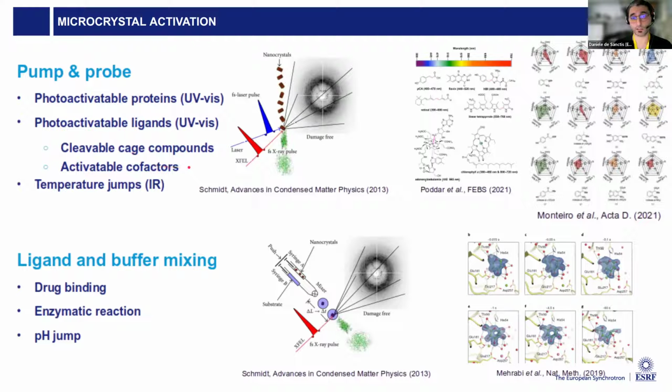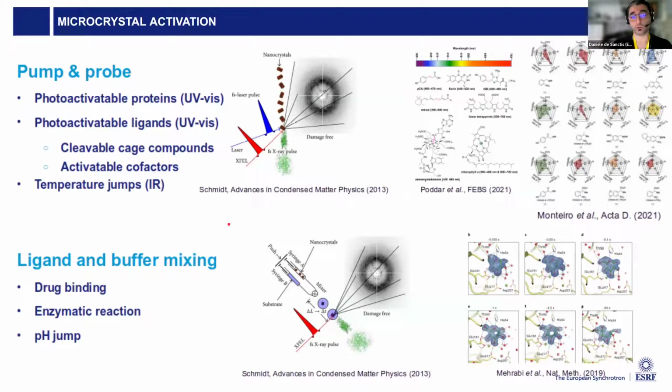In this way, thanks to the limited crystal size, it is possible to activate the whole volume of the crystals, or at least the largest fraction of it, in order to get a more homogeneous distribution of the activated conformation inside the protein when we are collecting data.